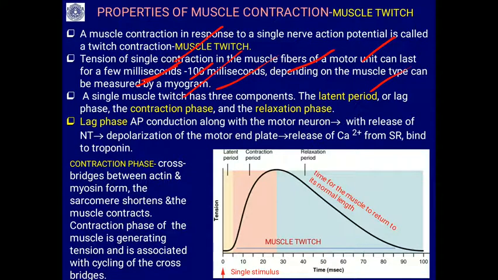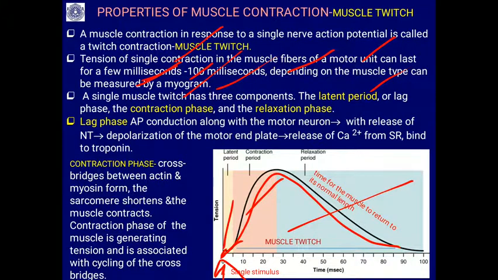When a single stimulus is applied to the muscle, the contraction has a latent period, contraction period and relaxation period. The latent phase is called the lag phase, where you can see the action potential, yellow in color here.